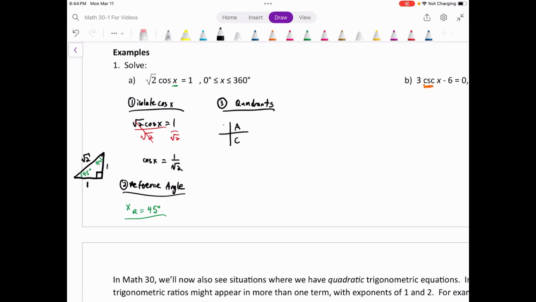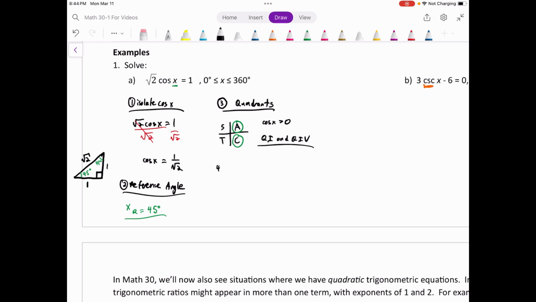So where is cos positive? Cos x is greater than 0, right? Well, that only happens in quadrants 4 and quadrant 1. Okay, so now we know we're looking for 2 angles as our solution, and they're going to be in quadrant 1 and quadrant 4. Okay, and that's step 3.